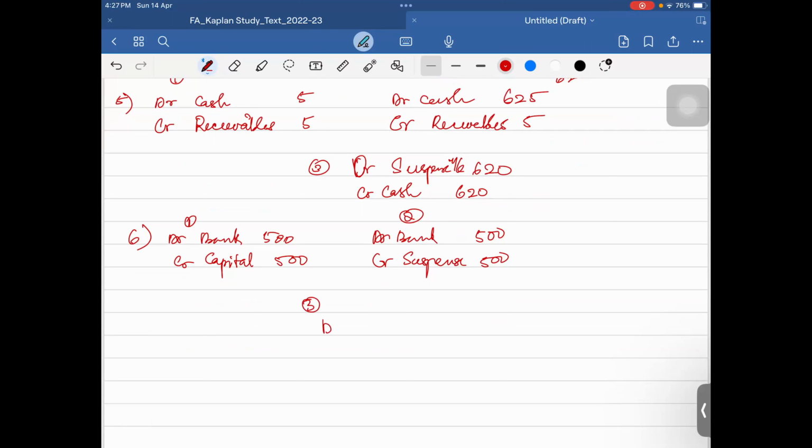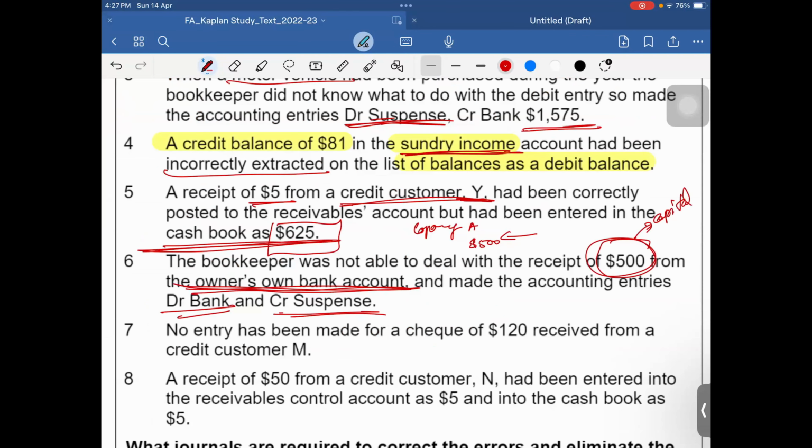You're going to debit the suspense, and you're going to do what you have to do originally, that is credit capital. It is the owner's own fund. That means capital. Owner's own bank account was debited with a receipt of 500. That means owner's own fund. Clear?